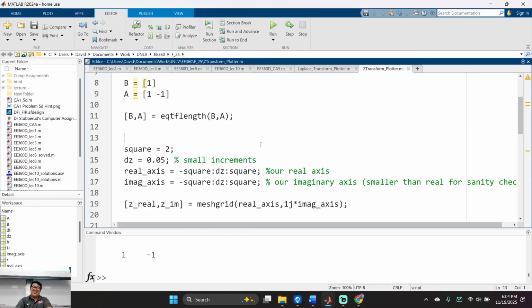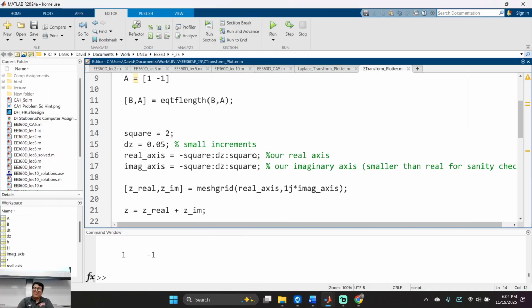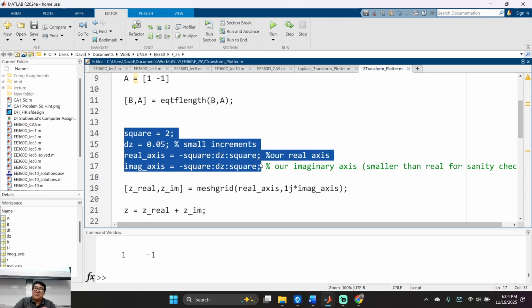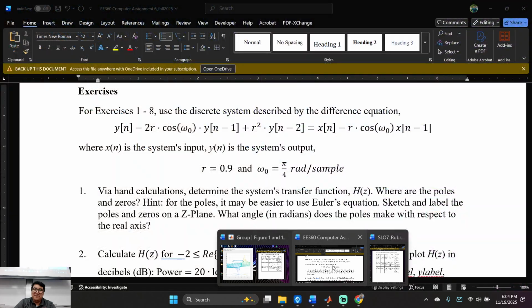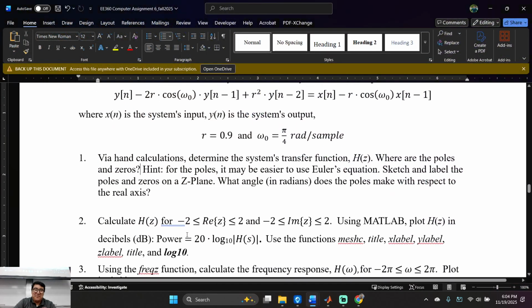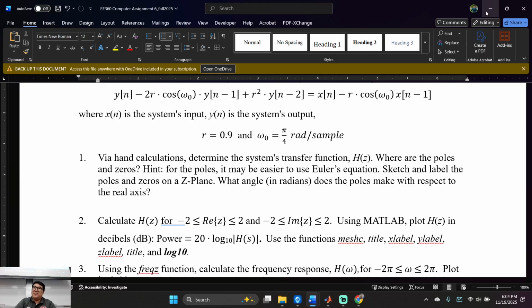Okay, let's explain, because someone's like, well, how did you do that, David? Remember from the last assignment, you just draw your square, correct? Well, in this, I'm lazy. I put a square from -2 to 2, because that's what the assignment asked. Go from -2 to 2. And you know the unit circle is a square, okay?